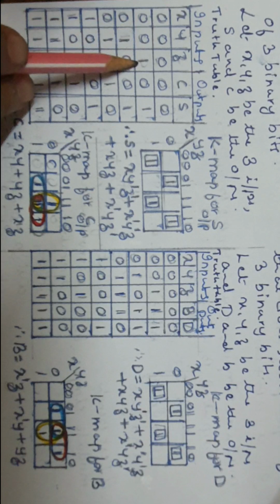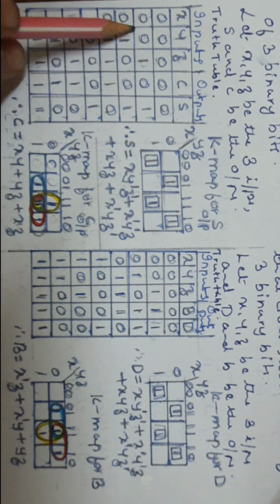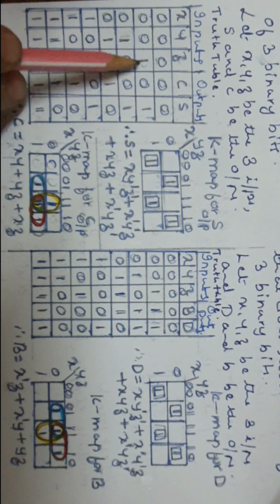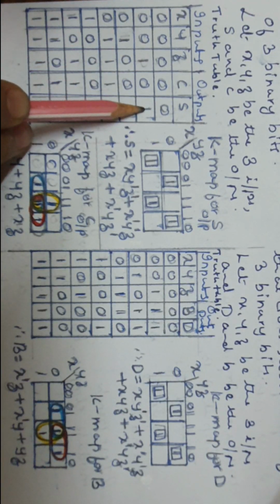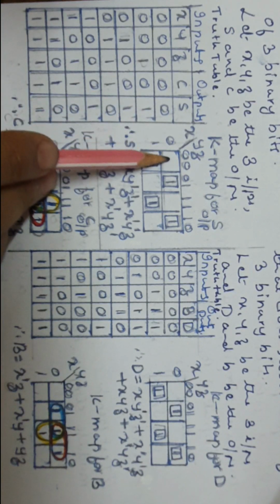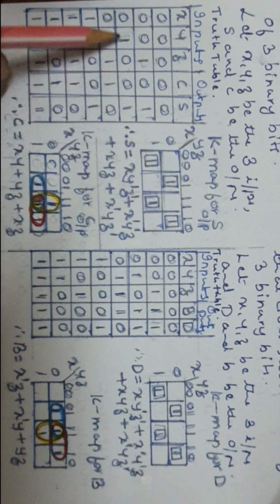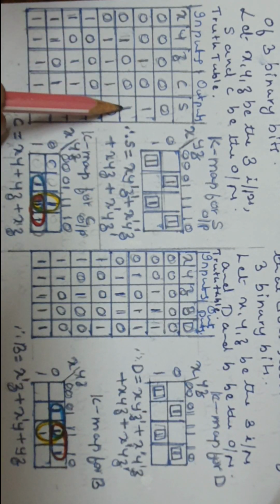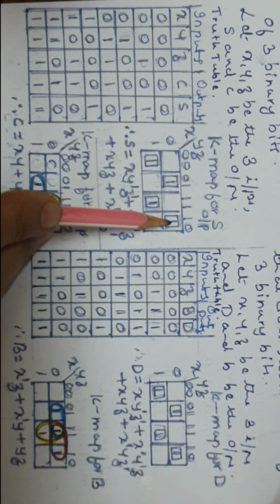After that, this is the kmap for S. Seeing the S column, whichever minterm is 1, that is filled here. So which minterm is this? 0, 0, 1 means in decimal 1. So this is minterm 1. For minterm 1, output is 1, that is why 1 is filled. For minterm 2, output is 1. So this is the minterm 2 place, 1 is filled.